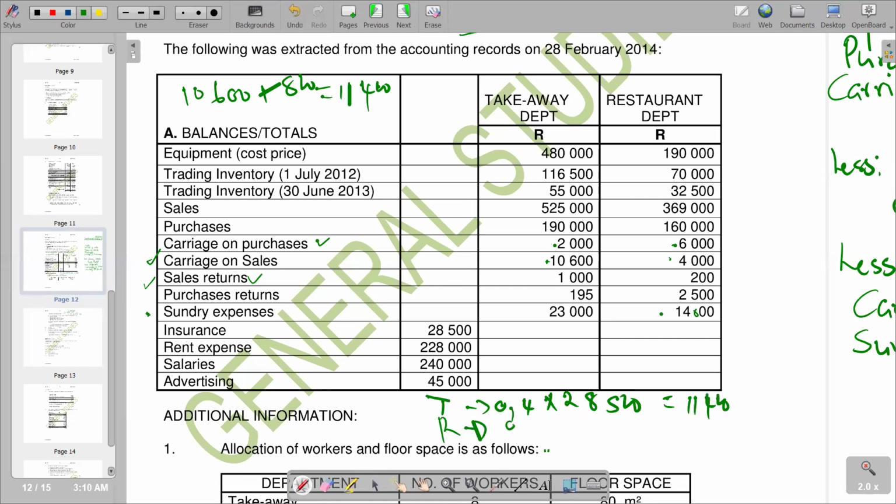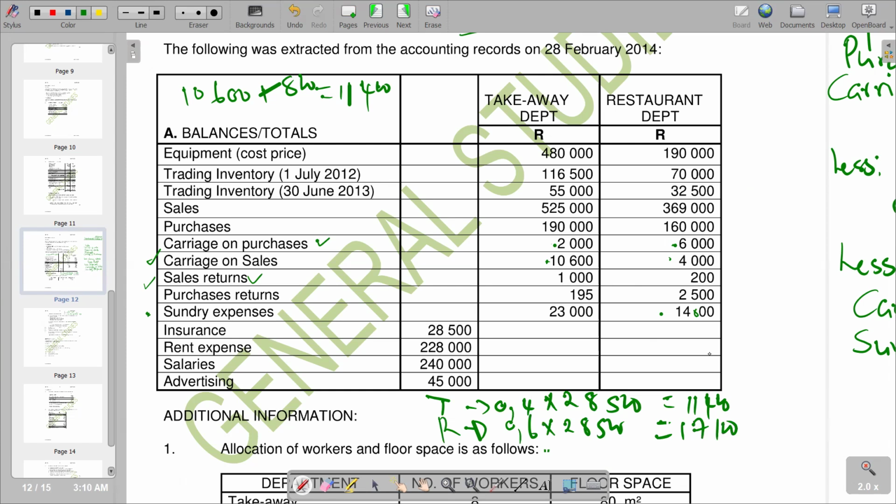For our restaurant, we are saying 0.6 times 28,500, and we get 17,100.